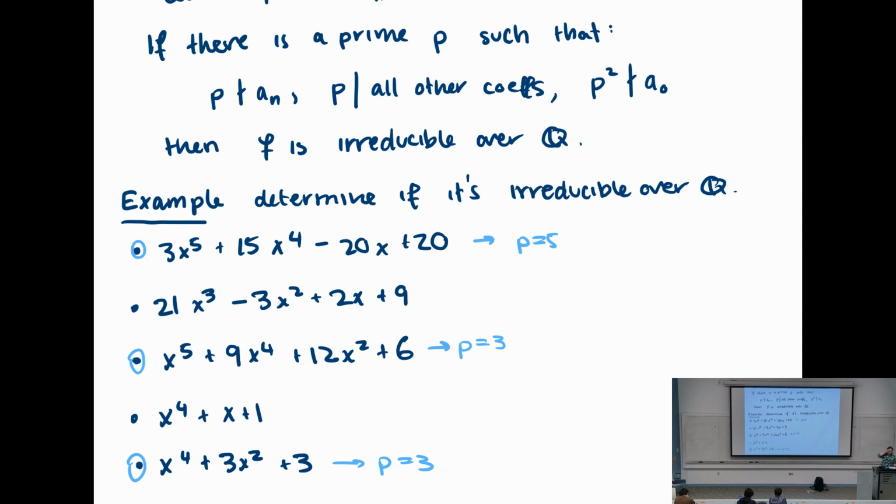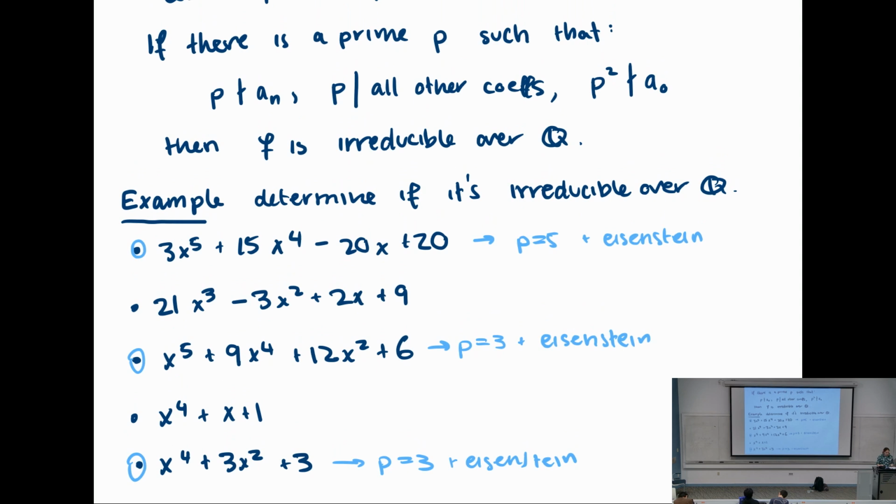For all 3 of these, it's pretty easy to just eyeball the polynomial and see if there's going to be a prime that works for Eisenstein's, and then you can quickly decide if it's irreducible. So all 3 of these are irreducible by Eisenstein's criterion. Okay, and then let's look more closely at the other 2.